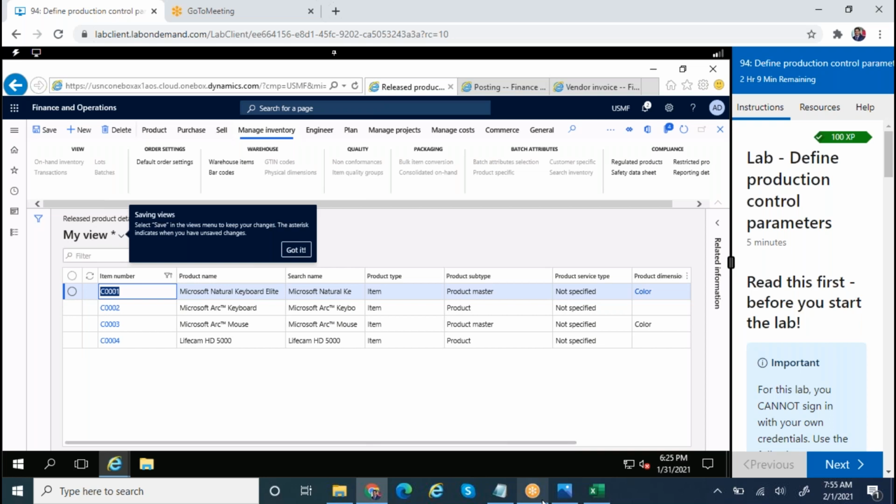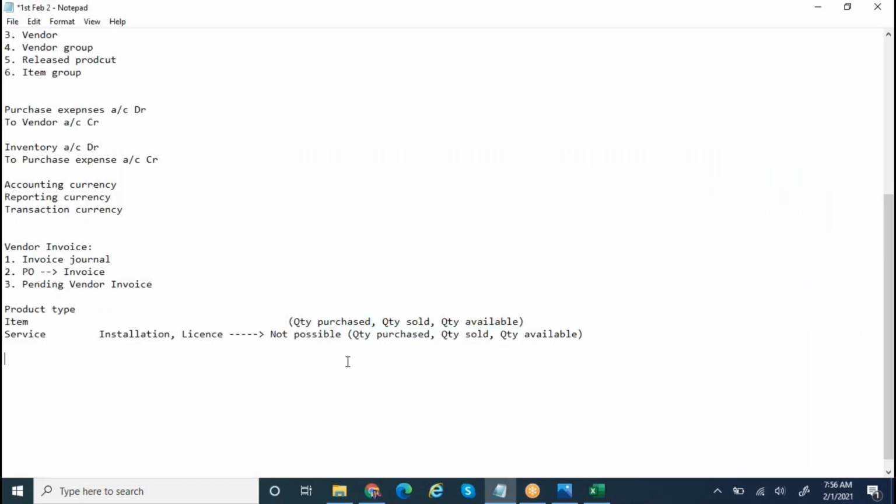Suppose take the example, cleaning cloths. Cloth is a normal item. But why am I purchasing cleaning cloths? I am purchasing for my machinery cleaning. If I want to clean my machinery, I need cloth.